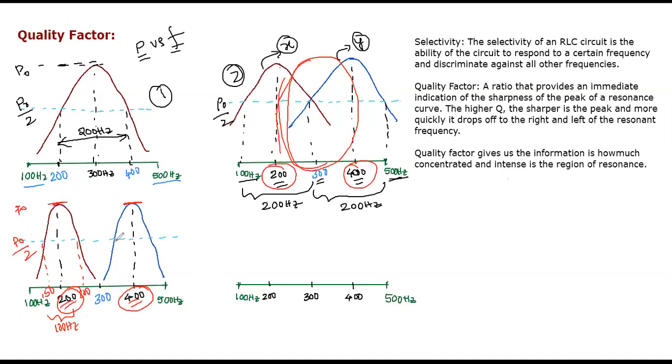Coming to the second channel, the lower cutoff frequency is 350 hertz and the upper cutoff frequency is 450 hertz. Now again bandwidth for the second channel is 100 hertz. Now if we reduce the bandwidth of these two signals, we don't have any interference between these two channels. Okay, the advantage of reducing the bandwidth is we don't get any interference between those two channels. That is the advantage.